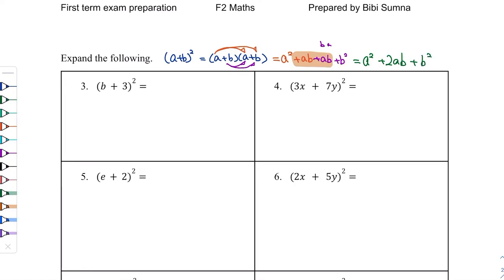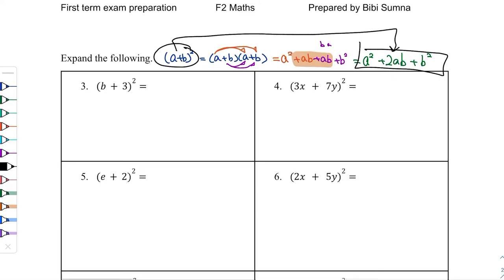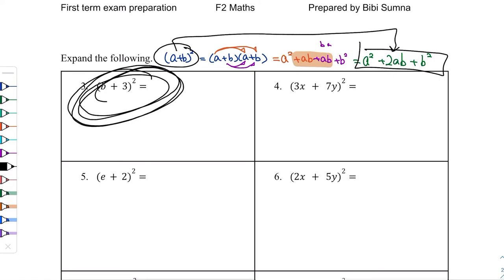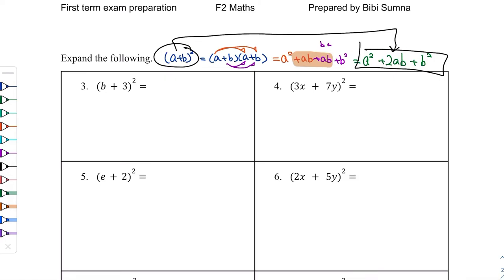Okay, now in exams we don't have much time to be doing these steps every single time. What we do is go directly from here to here, and that's just one of the identities. So this whole thing equals this whole thing. Now we can do the same for these questions. So see, there's a bracket, there's a plus inside.